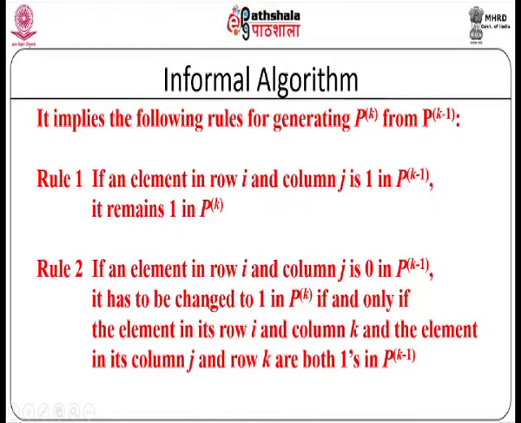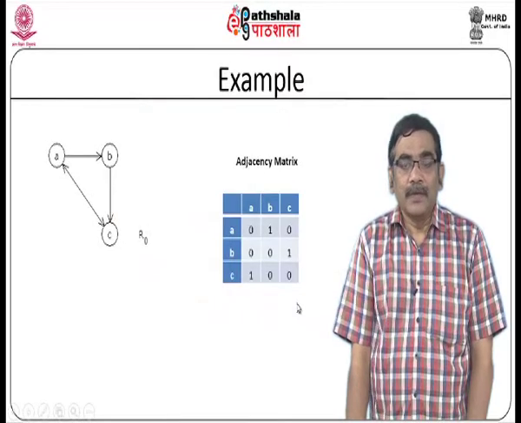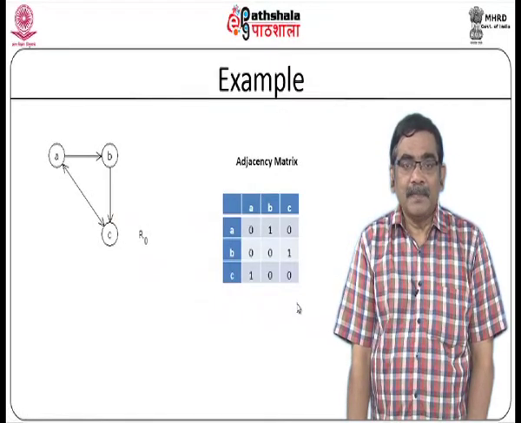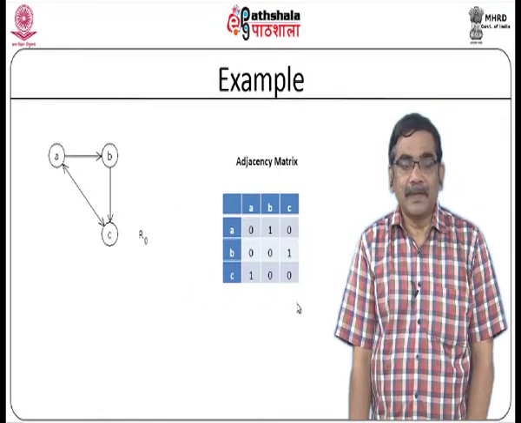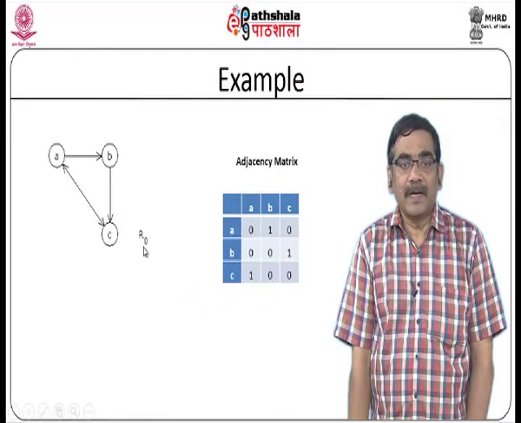The path value is going to be changed to 1 only if there is a path from i to j via all the active nodes that have been generated so far. We will take one simple example to illustrate this concept before we write the formal algorithm.